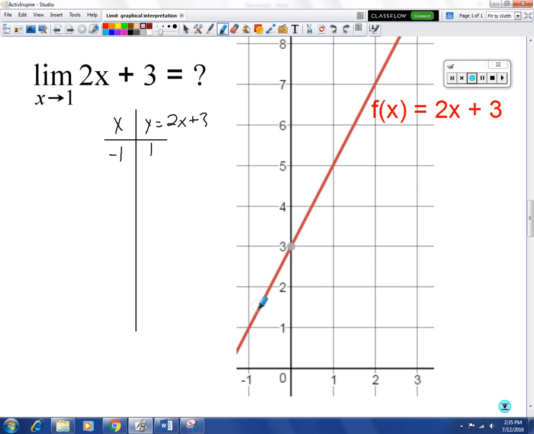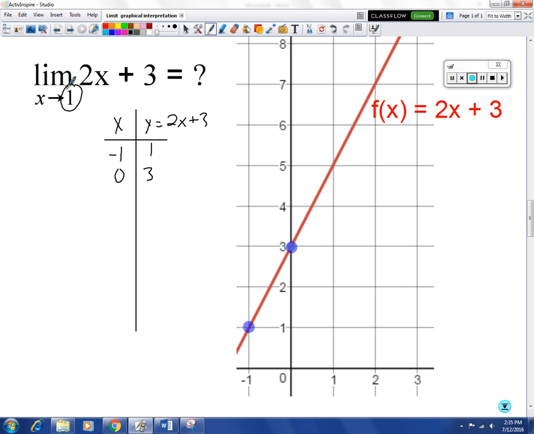Okay, there's our first point right there. Okay, alright, we substitute our next value of 0. Okay, 2 times 0 is 0. 0 plus 3 is 3. Okay, so our next point will be right here. That's the y-intercept already.